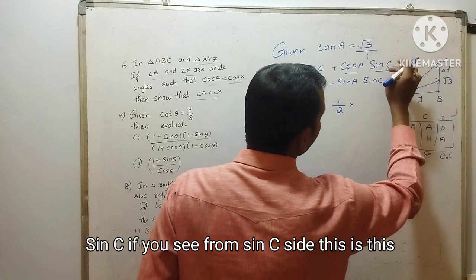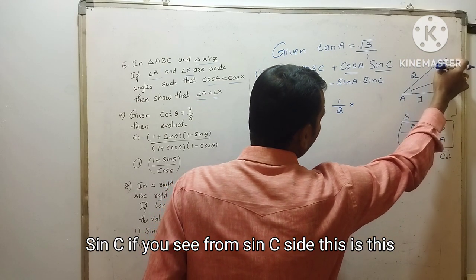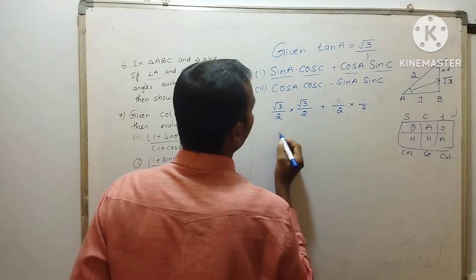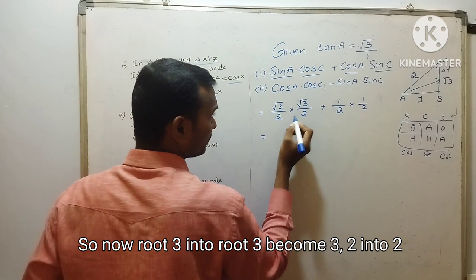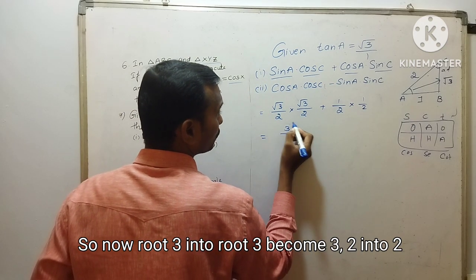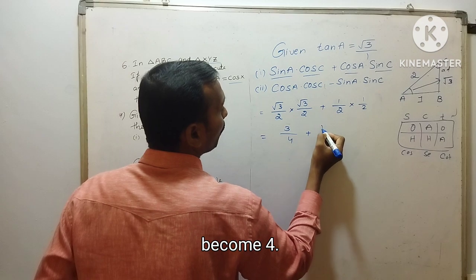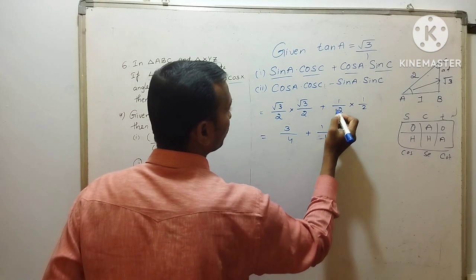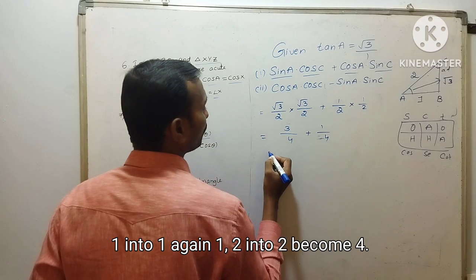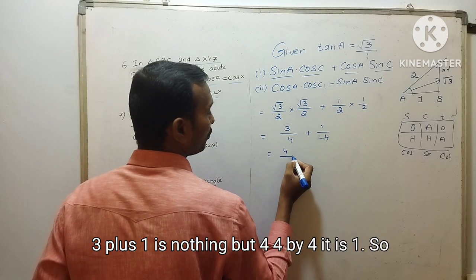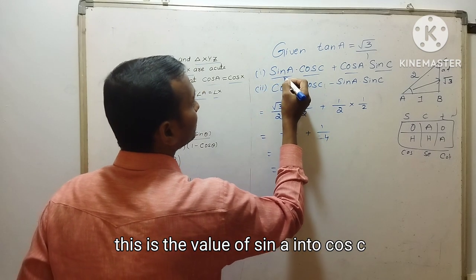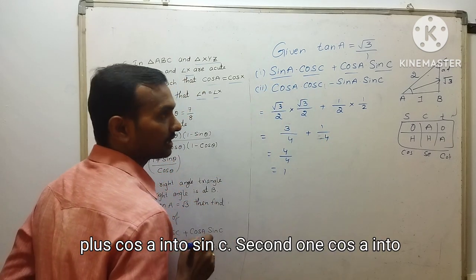Sin C: from the C side, this is our opposite side. So root 3 into root 3 becomes 3, 2 into 2 becomes 4. 1 into 1 is 1, 2 into 2 becomes 4. 3 plus 1 is 4, 4 by 4 is 1. So this is the value of sin A into cos C plus cos A into sin C.